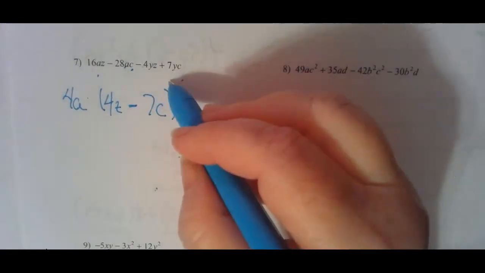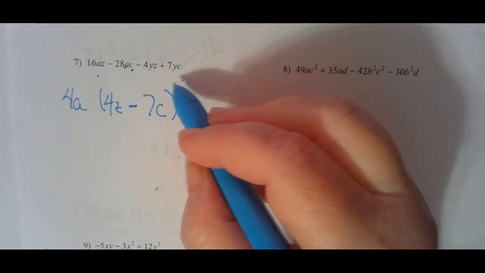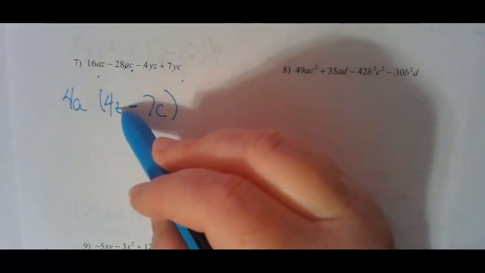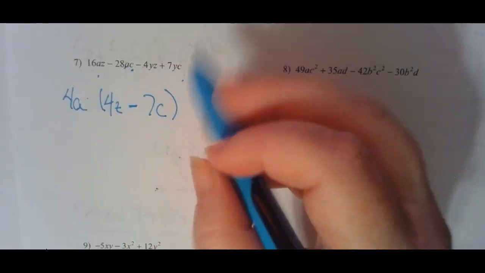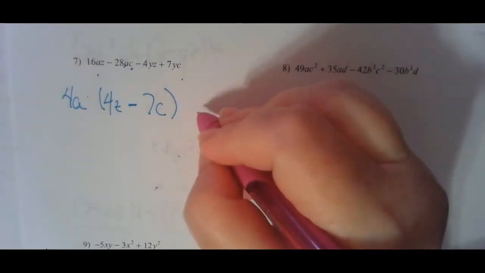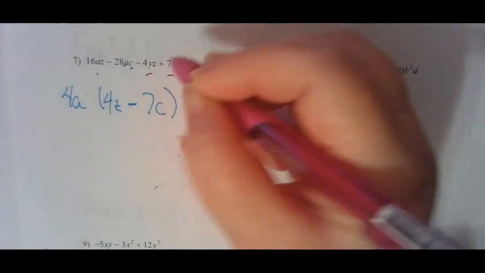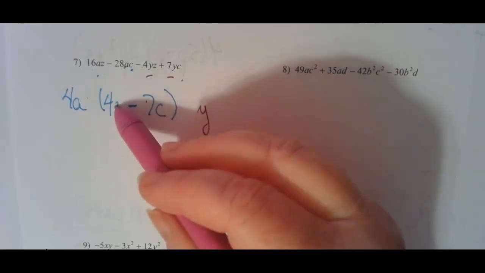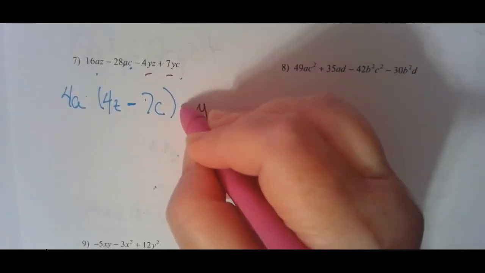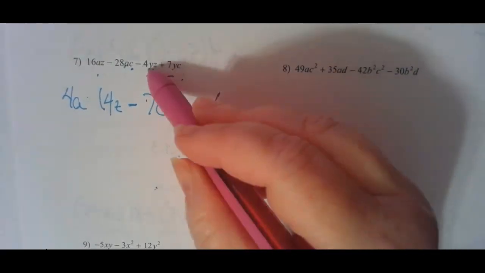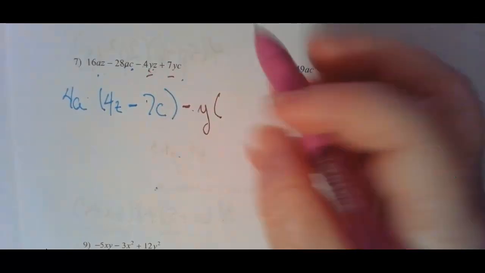Neither one of these have a number. Neither one of them have an A. Okay, look at this. I've got 4YZ. Got 7YC. Well, I can take out a Y. I do need this to be a positive 4 for this parentheses here. So I'm going to factor out a negative Y. And when I divide a negative by a negative, it leaves me with a positive.